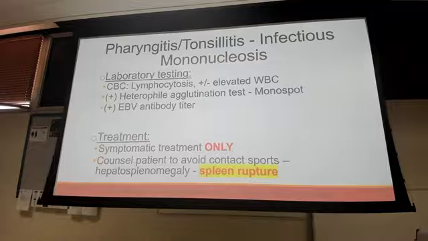It's a very quick test that we can do at the family medicine level. We can also do the Epstein-Barr virus antibody titer, but it might take a couple days to come back. Generally, in clinical practice, I would do both, but if we want something quick, we can do a monospot right there in clinic.